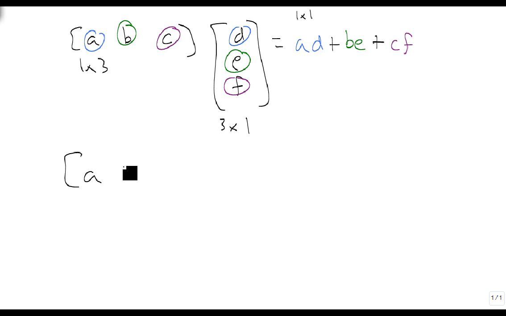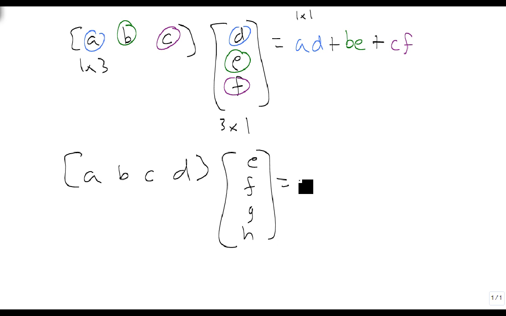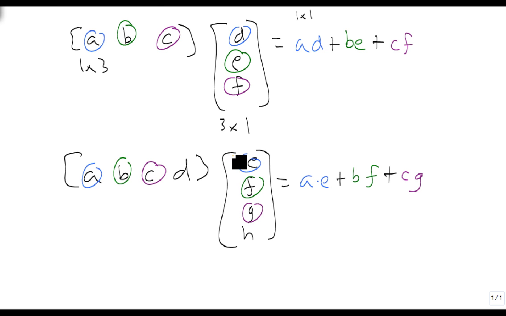Suppose we had A, B, C, D and E, F, G, H, and we are multiplying these together. Well, here we'll just take the first ones, A times E, plus B times F, plus C times G, plus D times H. So every column and row pair gets an entry.